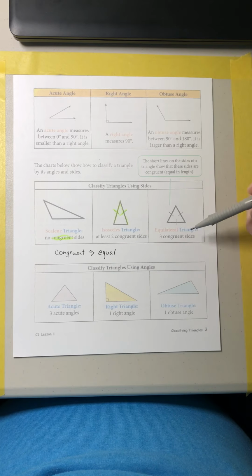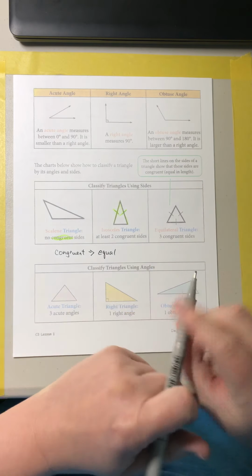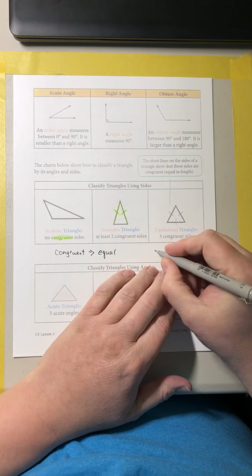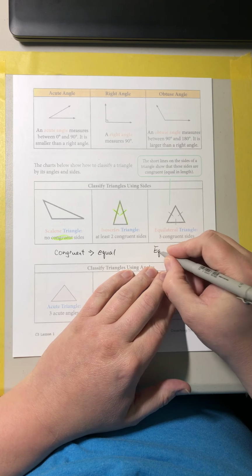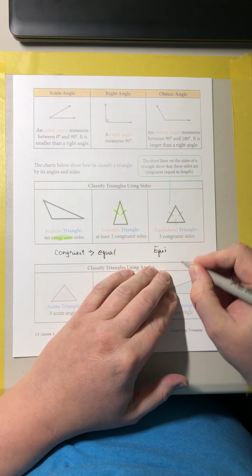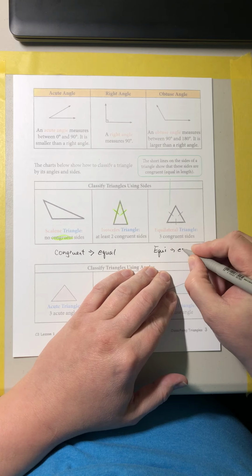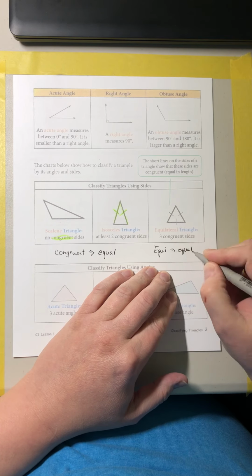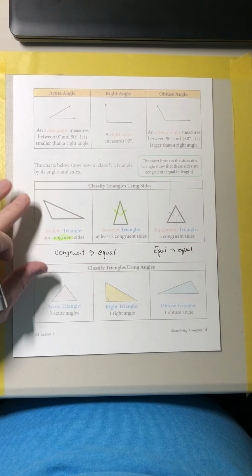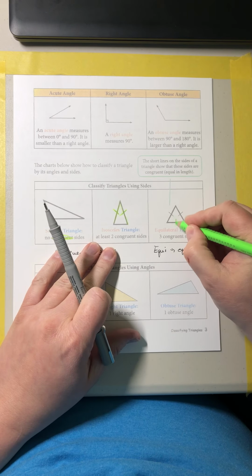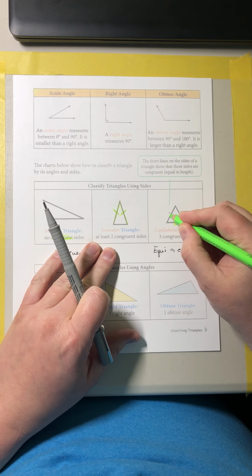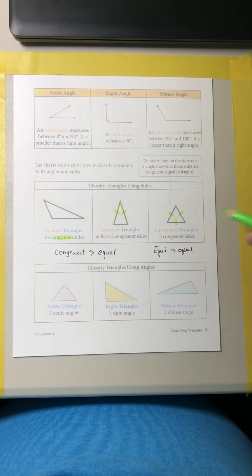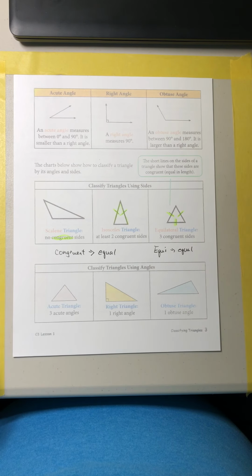And our final one is called an equilateral. If you think of equa, it's the same as equal. So in an equilateral triangle, all sides are equal. They say all 3 sides congruent, and they've got these tickies telling me that these sides are the same.